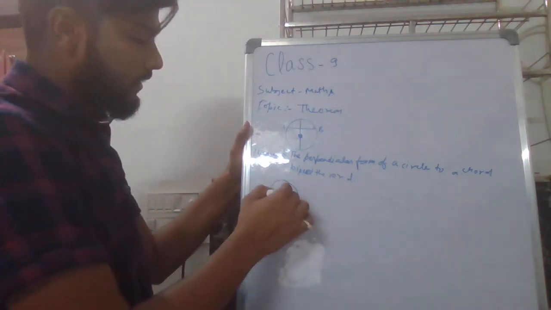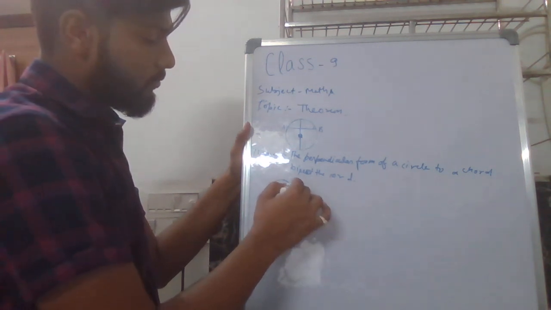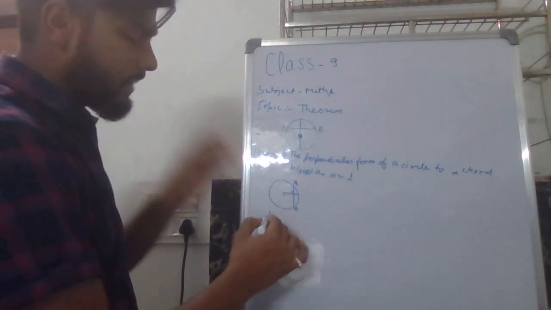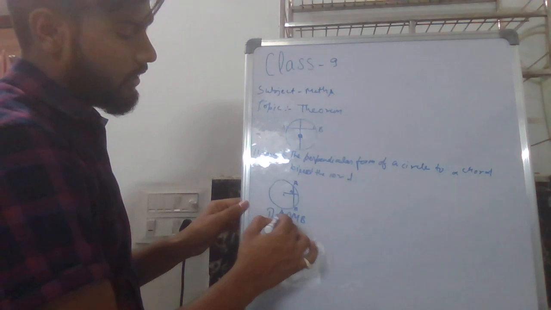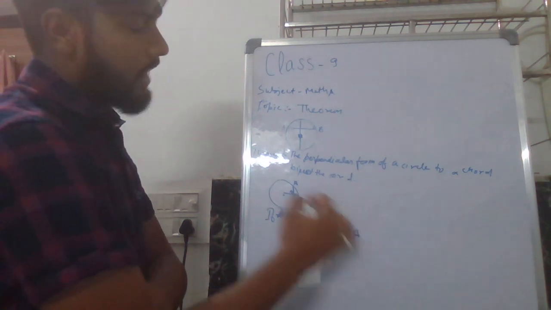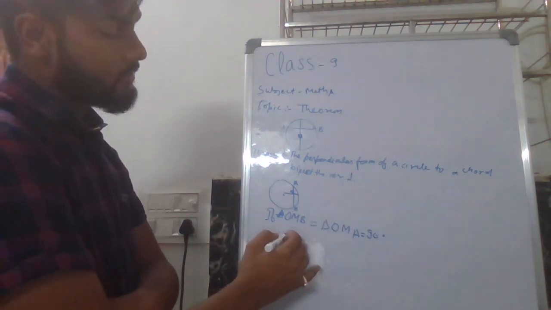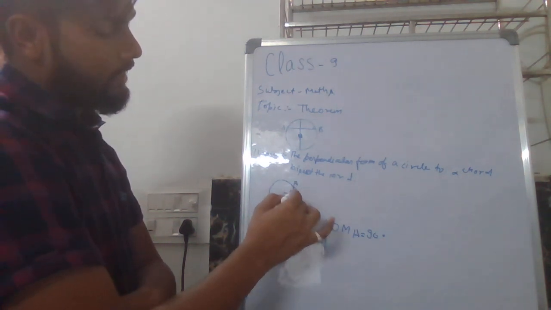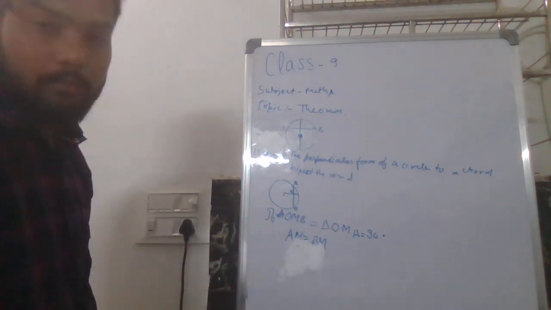After that I will take M as a midpoint, so this will be A and B, and we can take this as O. Here we can see that triangle OMB is congruent to triangle OMA, and the angle is 90 degrees. Therefore AM is equal to BM, like AM is equal to BM.